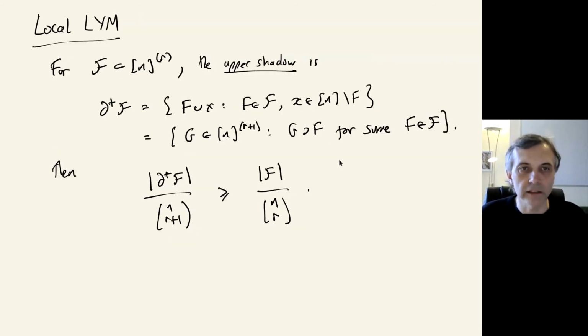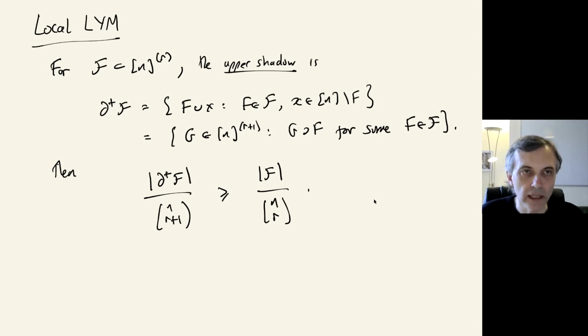Okay, so let's think about another combinatorial operation. Let's think about the upper shadow. Let's just remember that the upper shadow of a set system F is everything you get by adding something to elements of your set. So it's all sets of the form F union X, where F is in your set system and X is not in F. So if F is a collection of r-sets, that's the same thing as saying all (r+1)-sets that contain something in your system.